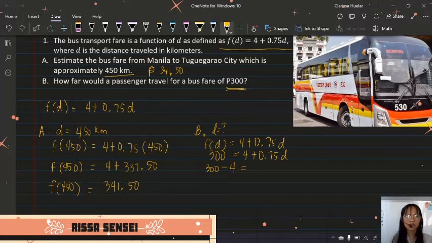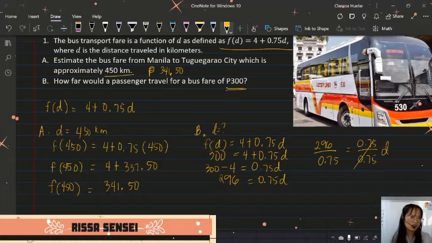Magiging 300 minus 4, mawawala na to. Ang matitira na lang is 0.75d, and this is equal to 296. Divided by 0.75. So, i-divide nyo na lang.